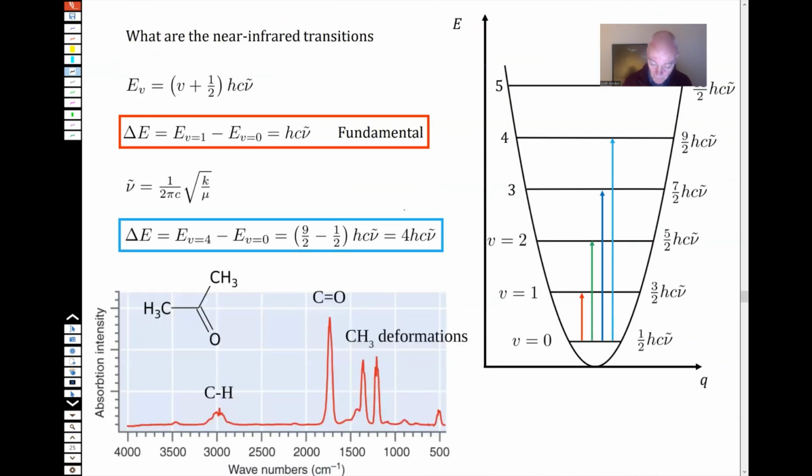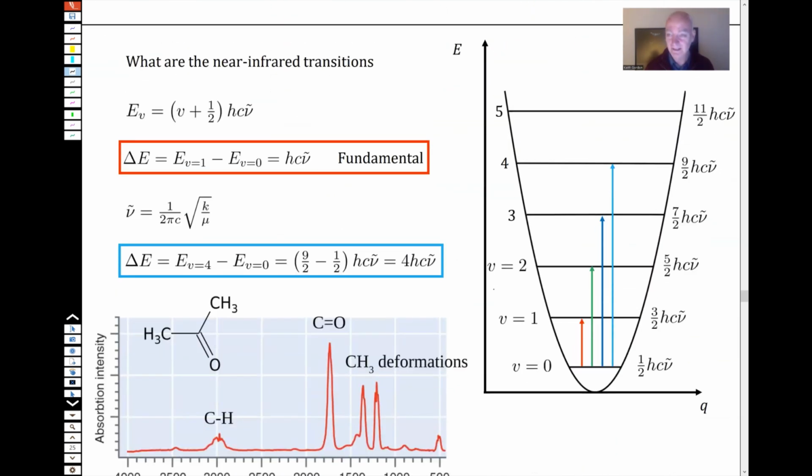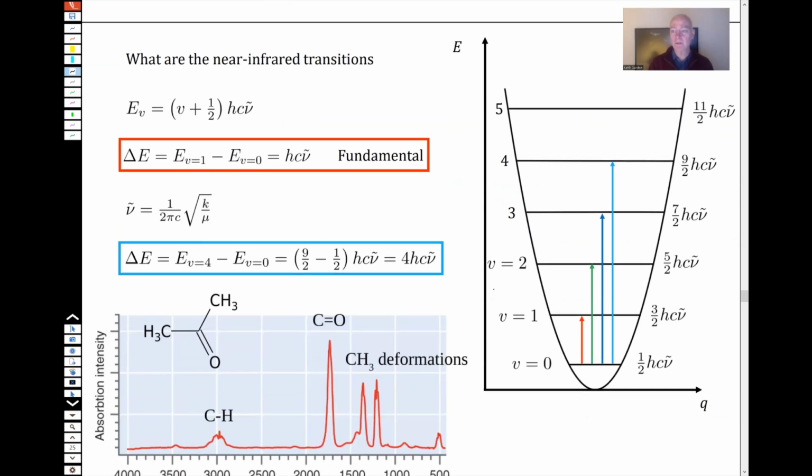Okay, so we've talked up to now about things that probably you're reasonably familiar with. What are these near-infrared transitions? Well, we just need to think for a moment. What we've got is the fundamental, going from 0 to 1, so that's the red arrow as I've shown it here.